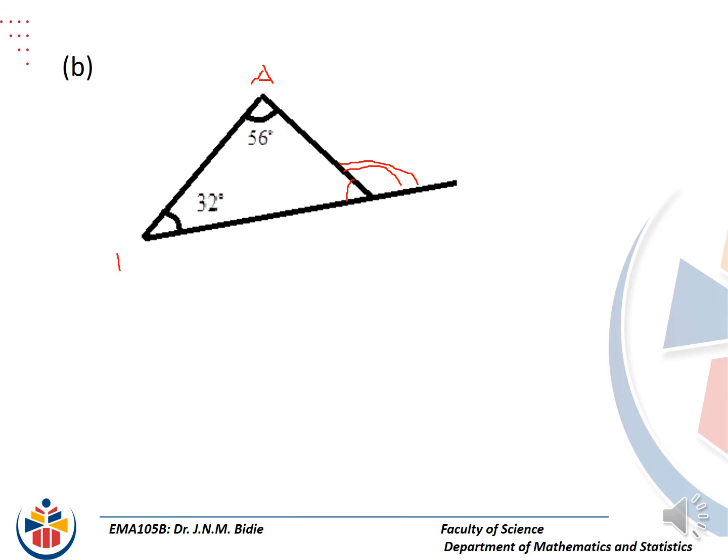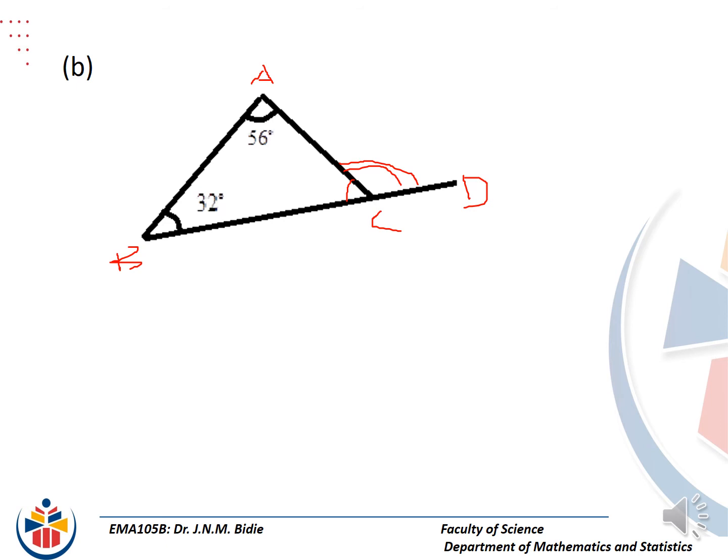Got A, and then B, and then C, and then D. And then we'll be able to get ACB will be equal to 180 minus 32 minus 56, and we're getting 92 degrees.